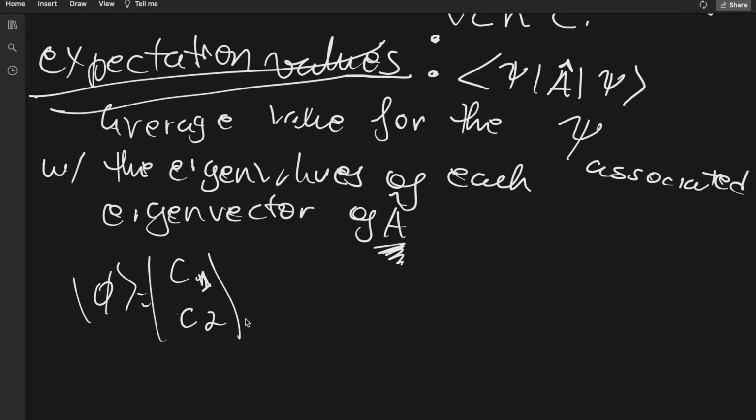So I'm basically asking what is the projection of the state psi with respect to the state phi. Maybe that's a bad choice because psi and phi might sound the same, but whatever. So what is the projection of state psi on the state phi?